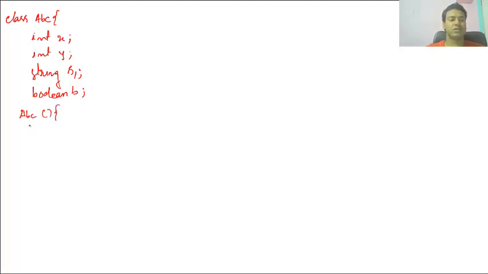First one is the default constructor, so I'll say SOP statement of ABC default constructor, right?